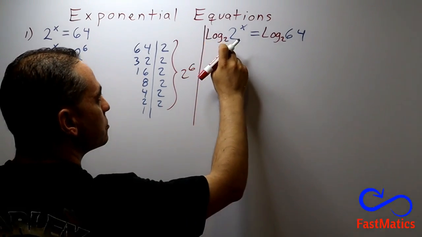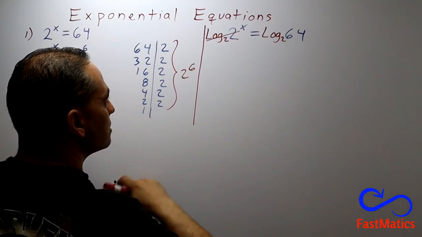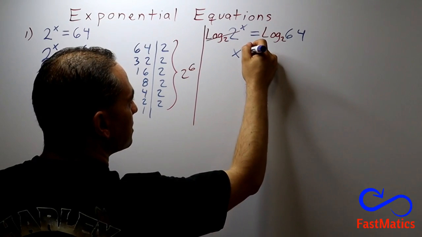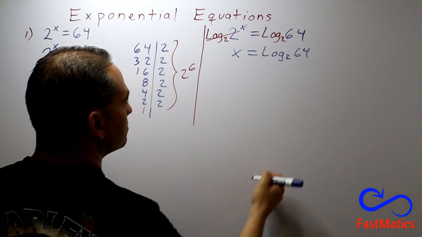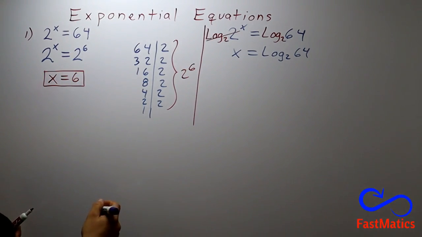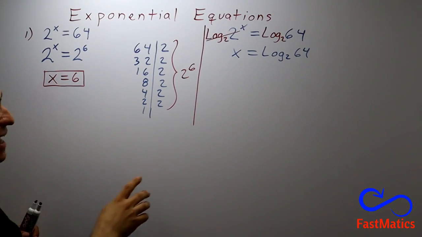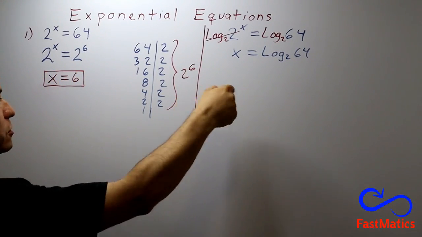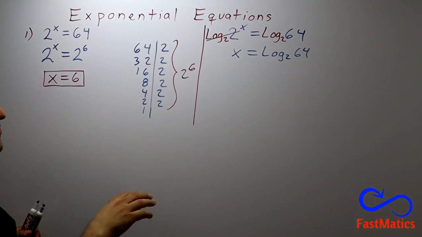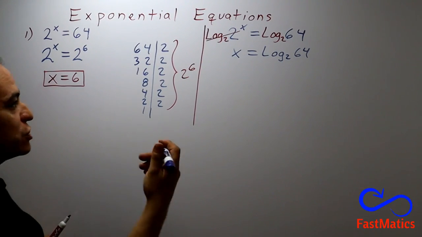Then log base 2 of 2 will be eliminated, and you get x, that it will be equal to log base 2 of 64. If you have a calculator that can calculate log base 2, no problem, you will get 6. But if you don't have it, you can change the base.